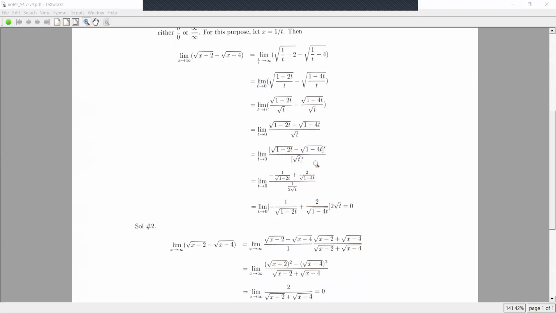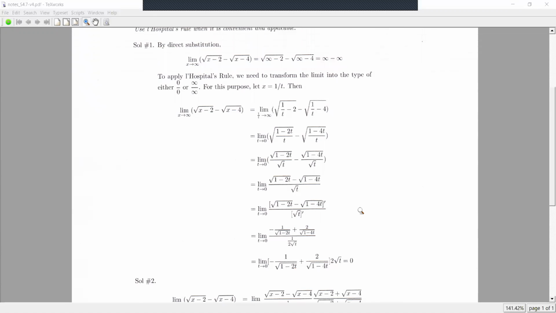For the second term, we also need to use the chain rule. Tedious. Okay, now simplify this function. We get this function. Now, direct substitution. Plug in 0 for t. Then we get the limit is 0. So, in solution 1, I used L'Hopital's rule to solve the problem.